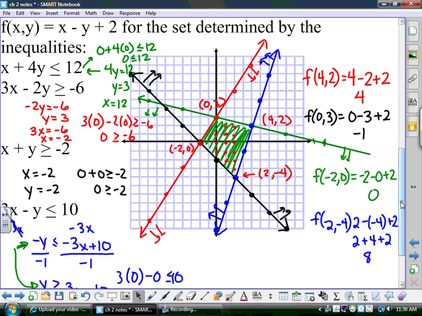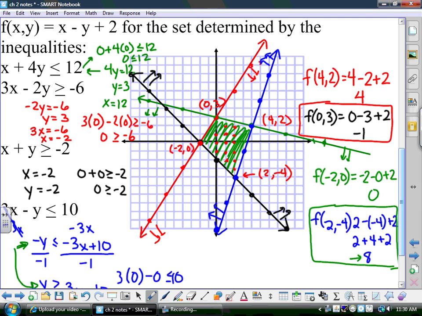Alright, according to the vertex theorem, one of these will be the maximum, and it looks like the maximum occurs at 2, -4. The maximum value is 8. And the minimum occurs at 0, 3, and the minimum value is -1.